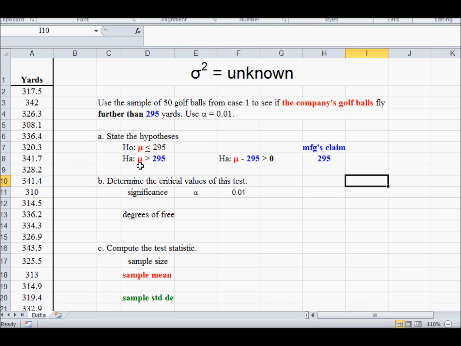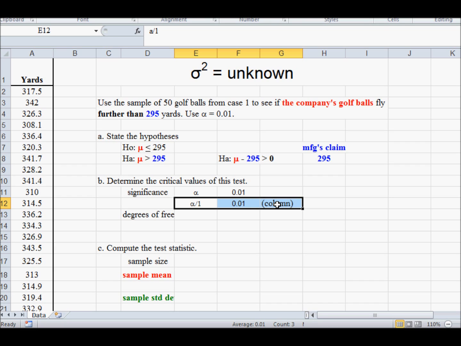In this case, the alternative hypothesis is saying it's an upper tail test because mu is greater than 295, or the difference in these two values is positive. So that's telling us an upper tail test. For an upper tail test and a lower tail test, you divide the alpha by 1. So to get the critical value of the test, we go to column 0.01 of the t-table.